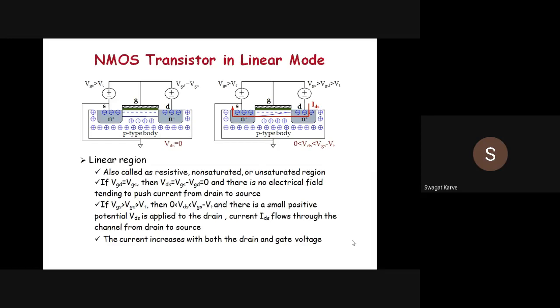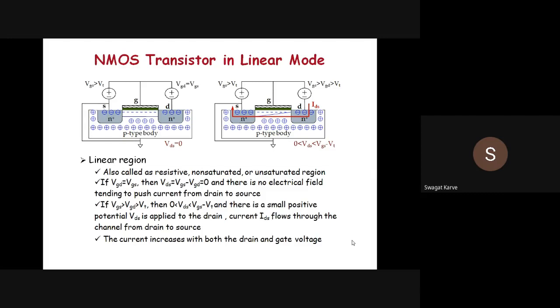But if you further increase the VGS and VGD, then the channel length is also going to increase. As the channel length increases, the IDS is also going to increase. That means the drain current will also increase if you increase the VGS and VGD. Okay, this is the second operating mode, that is the linear mode of operation. You just have to remember these two conditions.